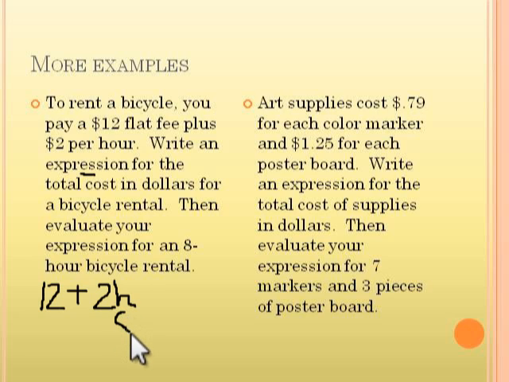So let's substitute 8 in place of our H. What would we have to do first? We would have to multiply. That's our order of operation. Multiply and divide before we add and subtract. So 2 times 8 is 16. Now add our 12. So our total cost, if it was an 8-hour bicycle ride, would be $28.